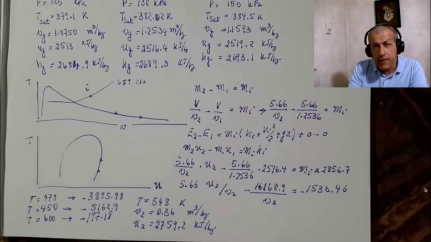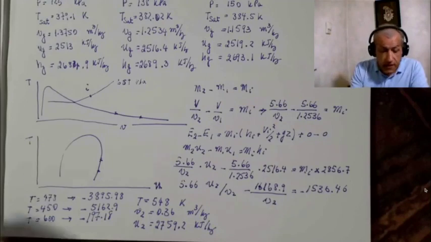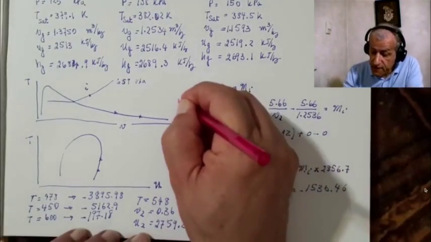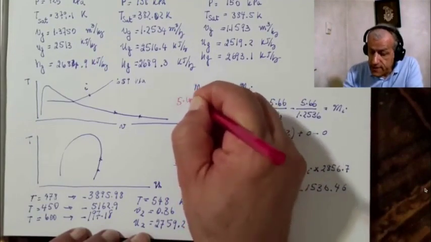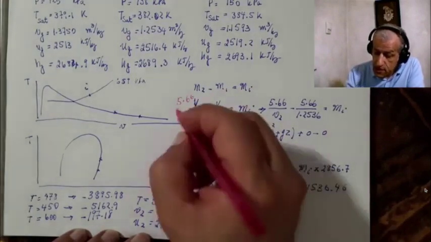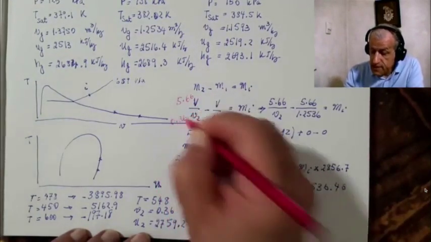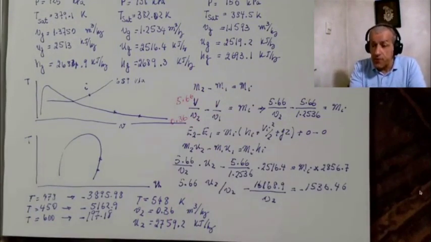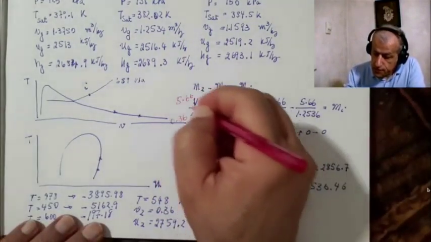These are the two values which we calculate, and now we are in a good position to calculate the final mass in the control volume. In fact, here we have just found that if this is 5.66, this value is 0.36, and this gives us the ratio, which is 15.72.